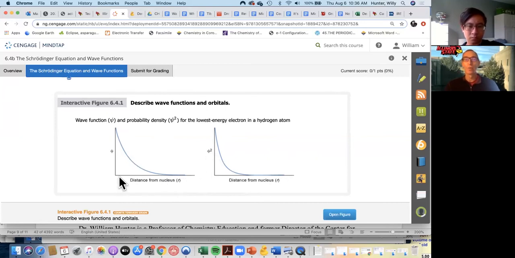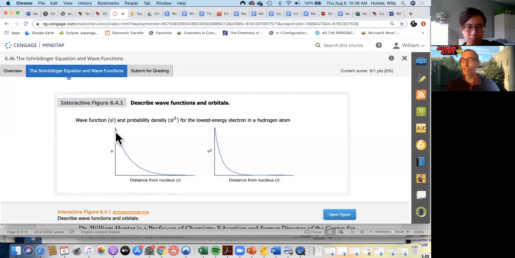So imagine that you have this function and your distance from the nucleus is 0, i.e. the electron is right on the nucleus. If that were possible, then these two lines would have to somehow meet, right?